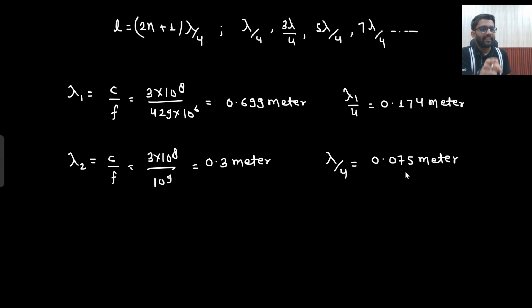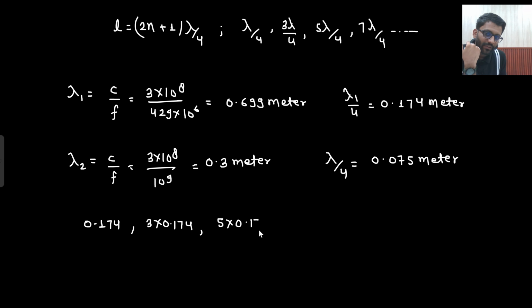Now this one is saying that it should be 0.075 meter, and this one is saying that it should be 0.174. But is this the only possible way, that you need to put only 0.174? No, you can put 0.174, you can put 3 into 0.174, you can put 5 into 0.174. Odd multiple of lambda by 4.